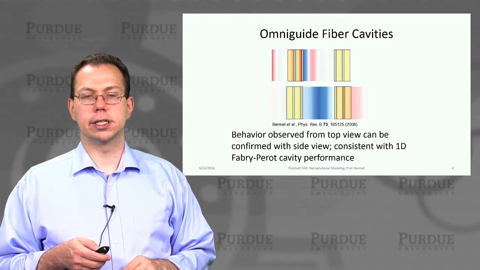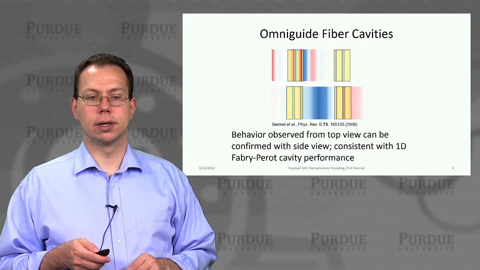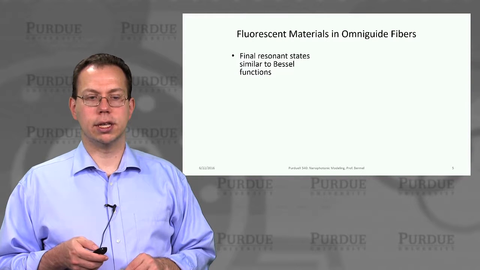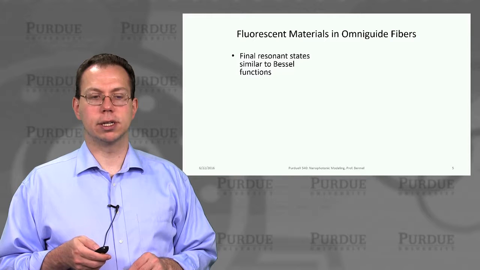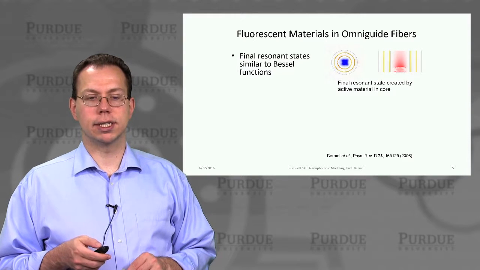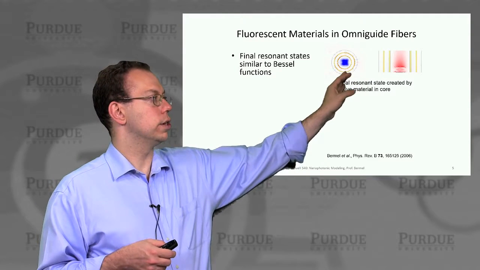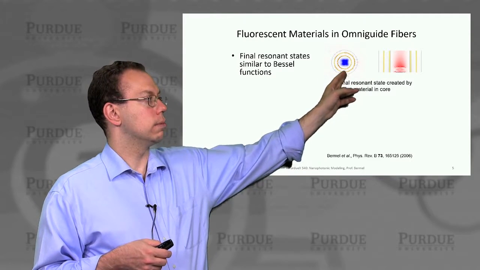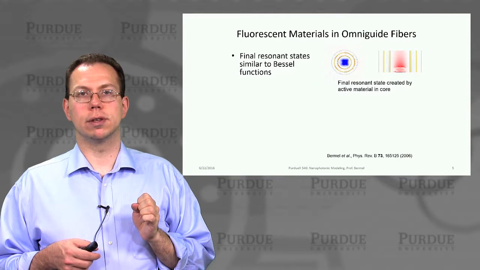So it's fairly consistent with the 1D Fabry-Perot cavity behavior. And if we think about putting these materials into OmniGuide fibers, you can see the final resonance states that we're generating, which I showed you a little bit before, are going to be similar to the basic modes of the cavity.